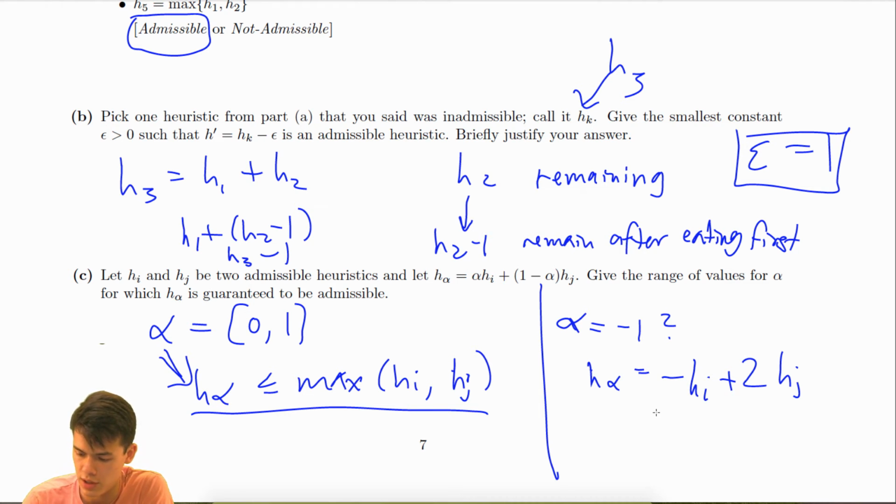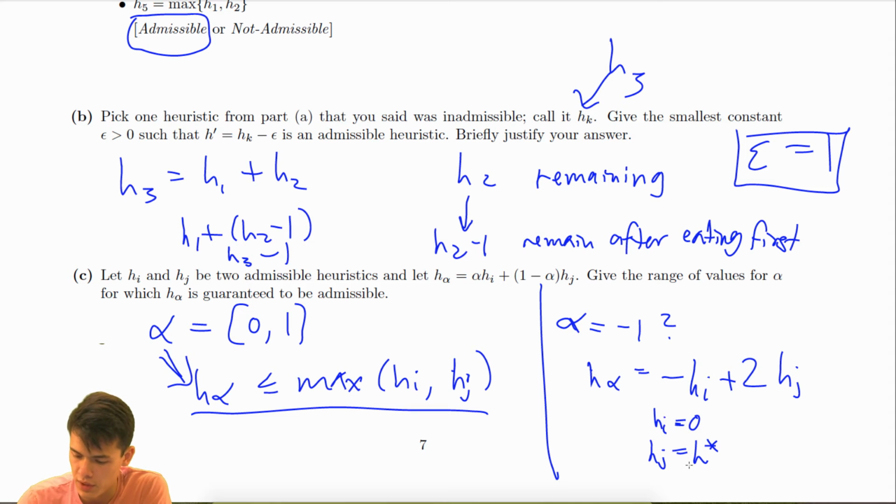So in this case, let's just say Hi equals 0, because the 0 heuristic is trivial, but it is technically admissible, because at that point, A star search is just going to do UCS. And then let's say Hj equals H star, which is the actual cost. So 0 is sort of the lowest value your heuristic could be, and H star is sort of the highest value your heuristic could be. Otherwise, you would be overestimating.